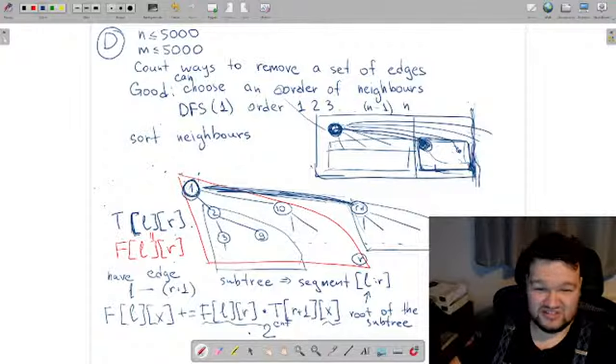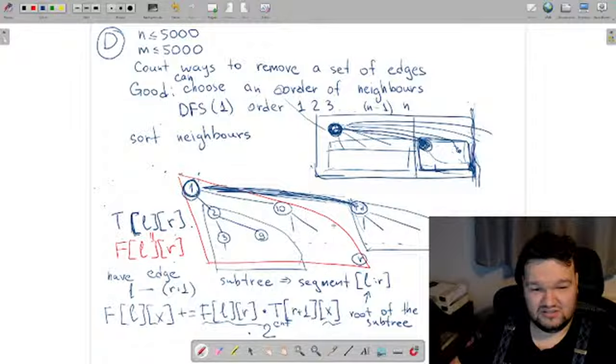And then the transition in this DP is: we're taking this subtree, and then we're adding a new edge from the root to the next vertex in order. So if that was from L to R, then the next vertex in order is R plus 1, and its subtree will cover vertices from R plus 1 to something.